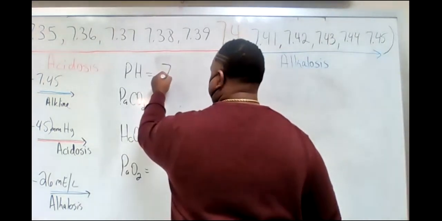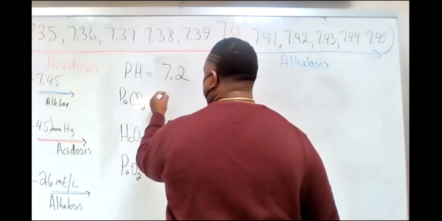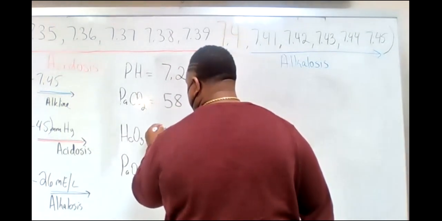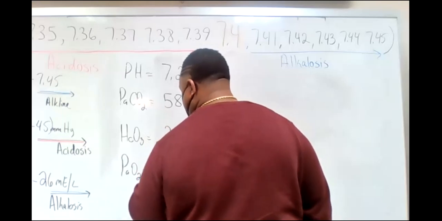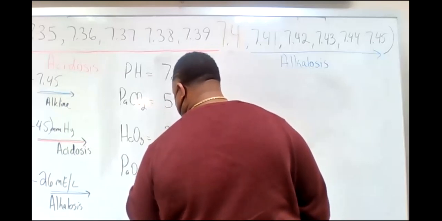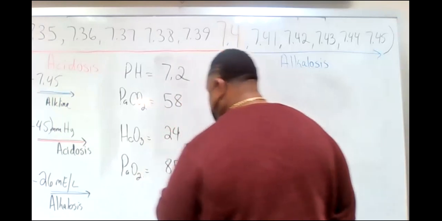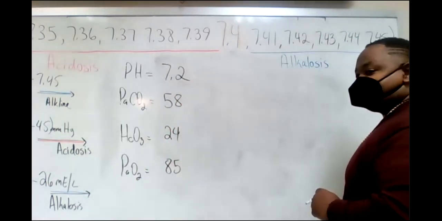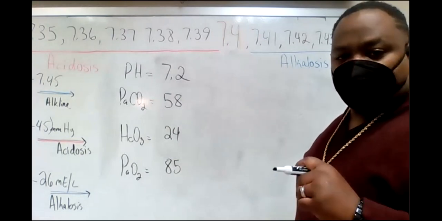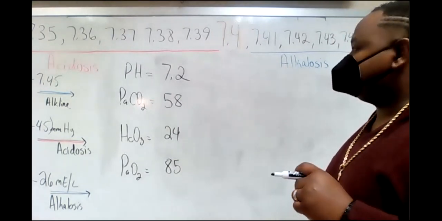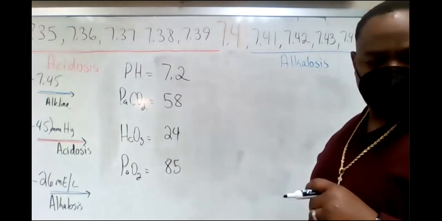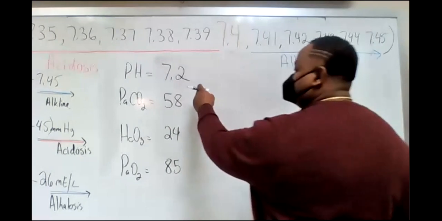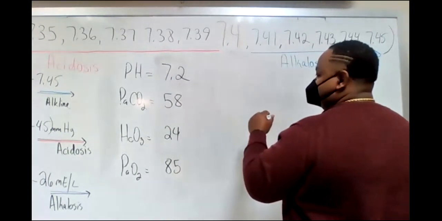pH of 7.2, CO2 of 58, bicarb of 24, and a PaO2 of 85. First things first, Charisma, you with me? I'm with you. Okay, pH of 7.2. What is the pH doing, Charisma?